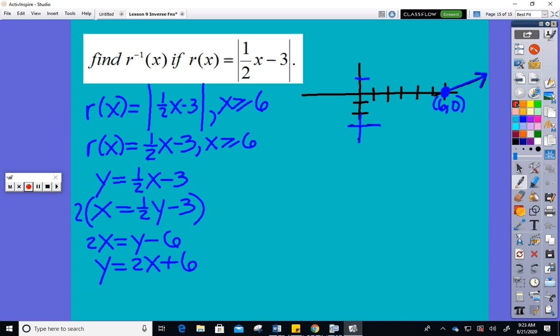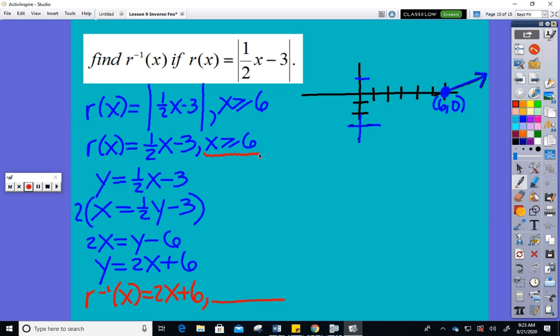R inverse of x is equal to 2x plus 6, and I've got to have a conditional statement. So remember I told you if your original function has some sort of a conditional, just plan on attaching a conditional to the inverse statement.